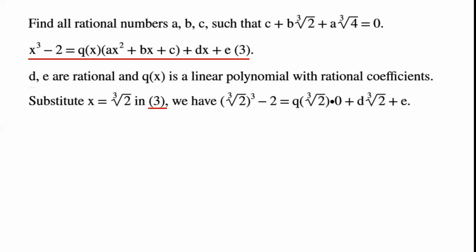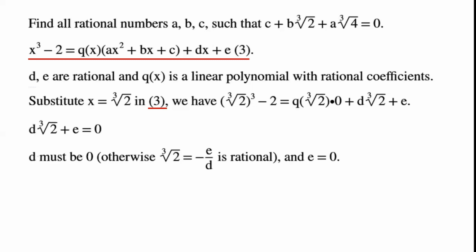The cube root of 2 all cubed minus 2 is 2 minus 2, which is 0. So we have 0 equals d times the cube root of 2 plus e. e must be 0, otherwise the cube root of 2 equals minus e over d is rational, and e equals 0.